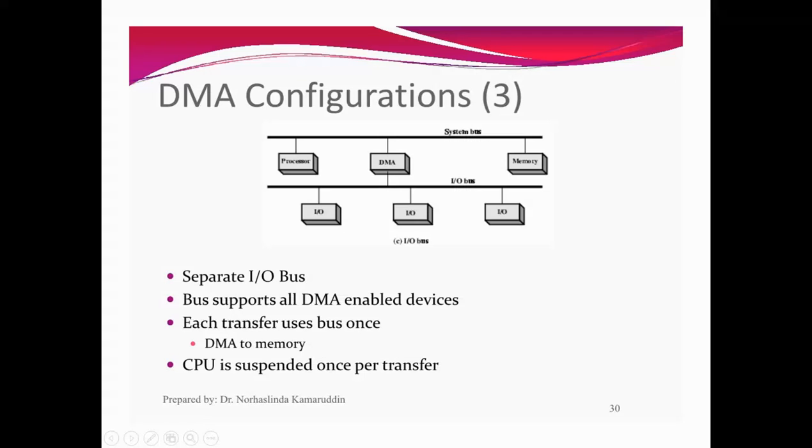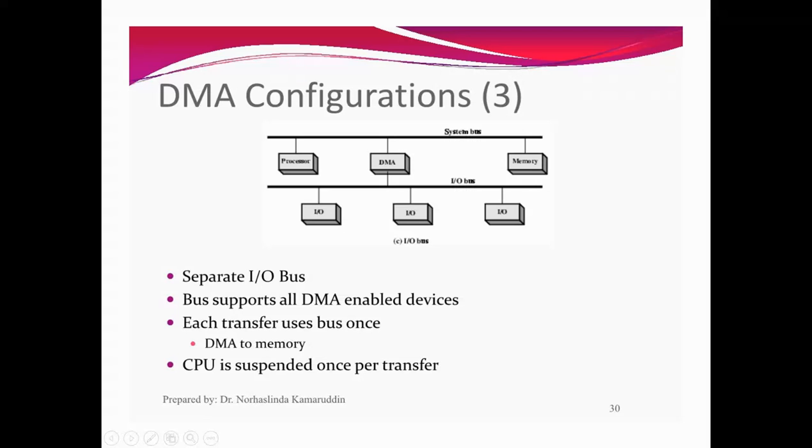Okay, dia mahal kerana they have their own input output bus punya system bus, and then each transfer uses the bus once. Maknanya dia hanya menggunakan the main system bus untuk hantar DMA kepada memori. Sama juga yang ni. Cuma the way configuration dia ialah dia punya DMA have their own input output bus.